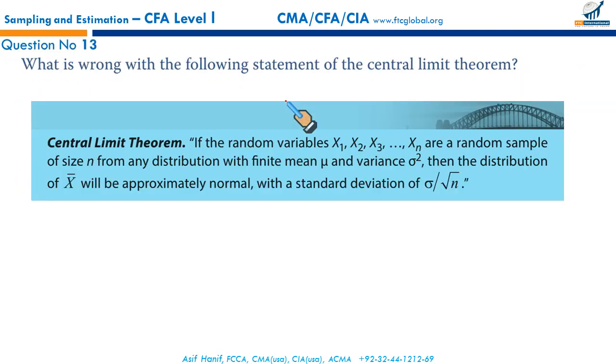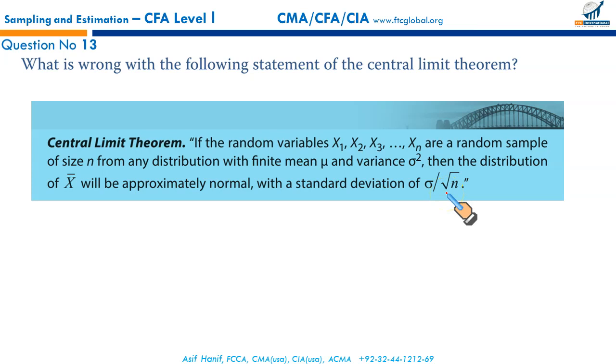Right? Now, what is wrong with the following statement of the central limit theorem? Central limit theorem: if the random variables x1 to xn are a random sample of size n from any distribution with finite mean mu and variance sigma squared, then the distribution of x bar will be approximately normal with a standard deviation of sigma by square root of n.